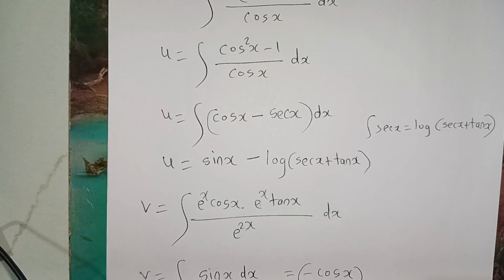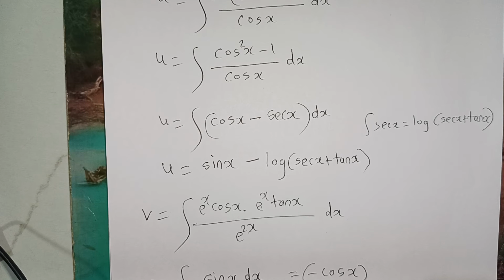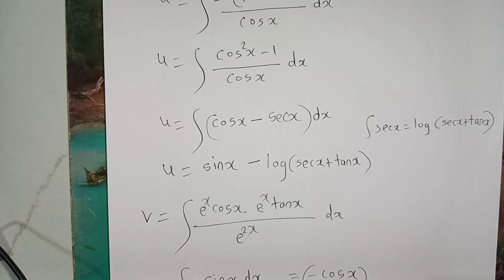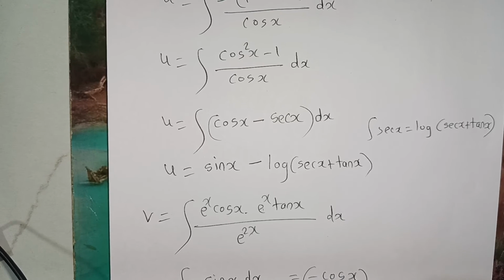So yp is equal to u times y1 plus v times y2: sin x minus log of sec x plus tan x, times e raised to x cos x, plus minus cos x times e raised to x sin x.